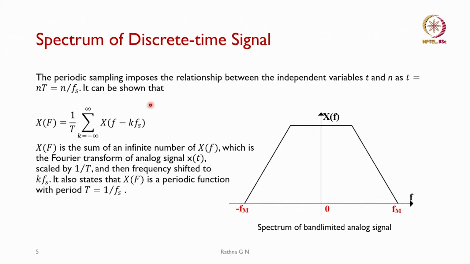So we can show that X(f) equals 1 by T, sum over k from minus infinity to infinity of X(f minus k fs). We see that X(f) is the sum of an infinite number of copies of the Fourier transform of our analog signal x(t), scaled by 1 by T and frequency shifted by k times fs.